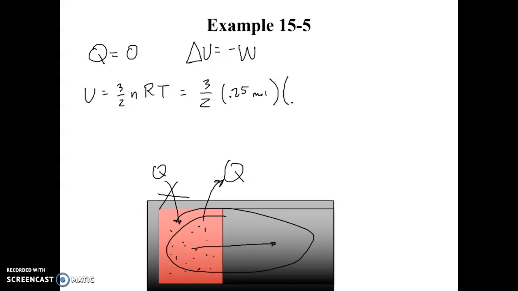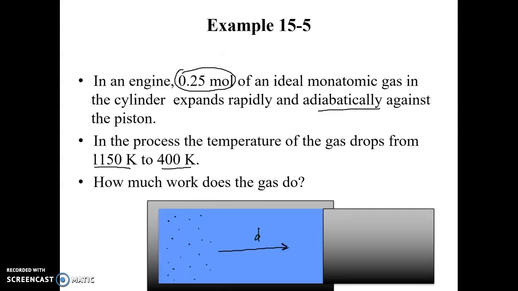And R is the ideal gas constant, and that is 8.314 joules per mole Kelvin. And then our temperature change, delta T, was given in the problem statement as going from 1150 to 400.